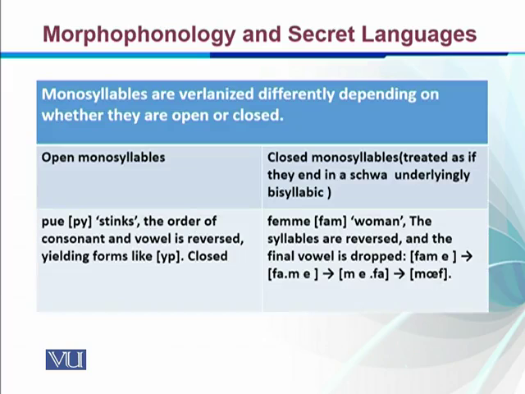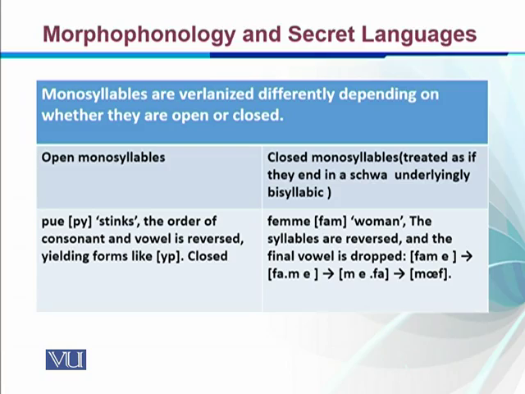Monosyllables are verlanized differently depending on whether they are open or closed. With a monosyllable like "que," the order of consonant and vowel is reversed, so the vowel comes first and the consonant second. As a result of this reversal, the syllable becomes closed, and a closed syllable is treated as if the end is an underlying schwa.